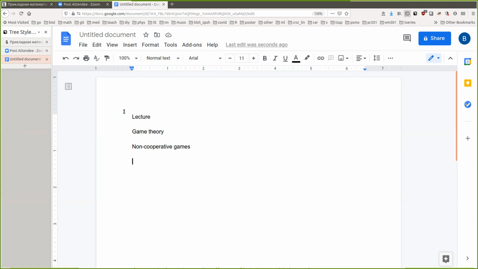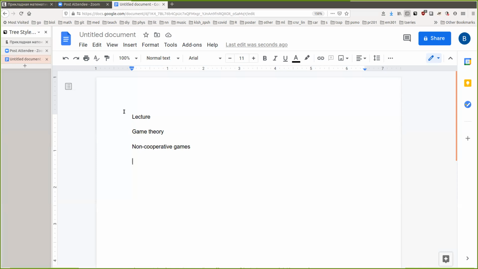Probably you have already encountered some concepts from game theory like Nash Equilibrium and so on. So we will formalize them, and we will solve some examples of games. Because from a mathematical viewpoint, game theory is just a maximization of many functions at once.